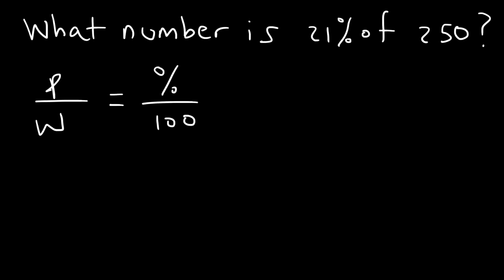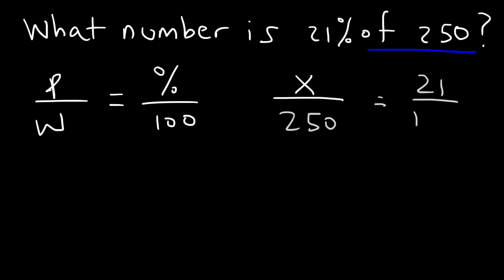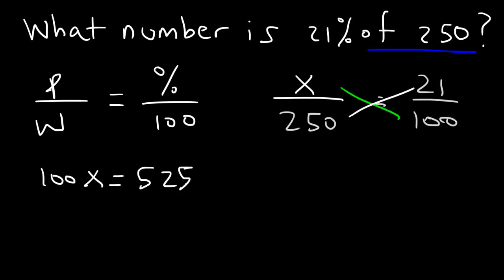So we're looking for the part once again. Let's replace P with X. The whole is the number associated with the word of, that's 250. We have the percentage, which is 21%, and let's cross multiply. So once again, we're going to have 100X is equal to 250 times 21. 250 times 21 is 5250.